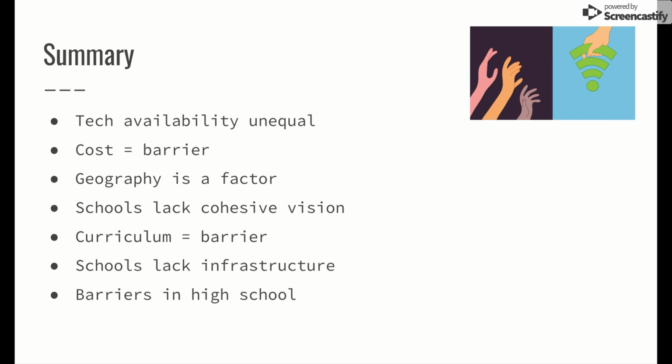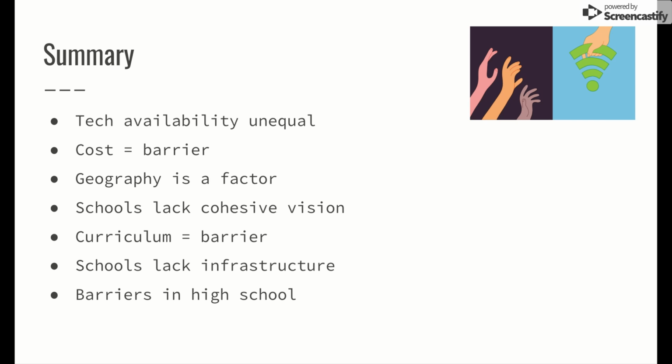Also, geography. If you live in a rural place, you might not have the same kind of access to super high speed internet or super fast phone data plans or whatever they are. So, those things make tech unequal to all people.